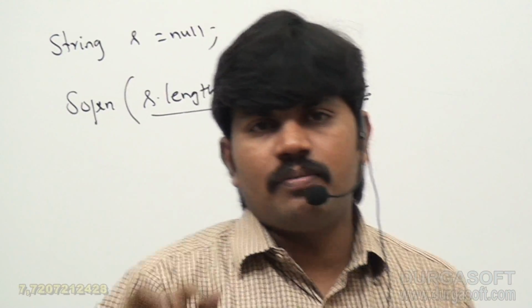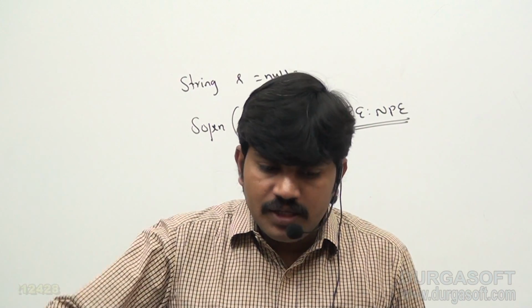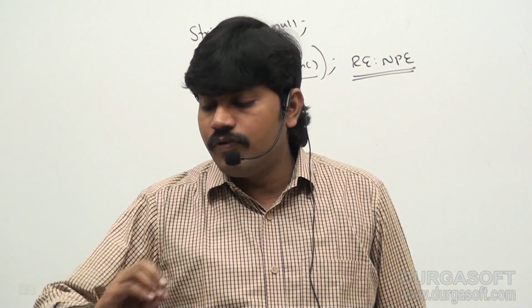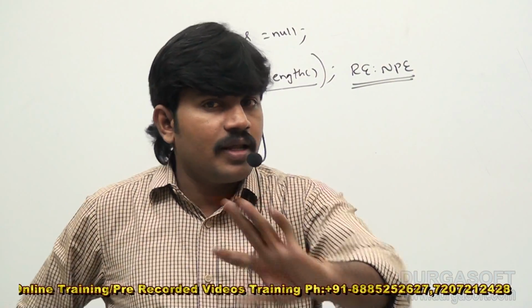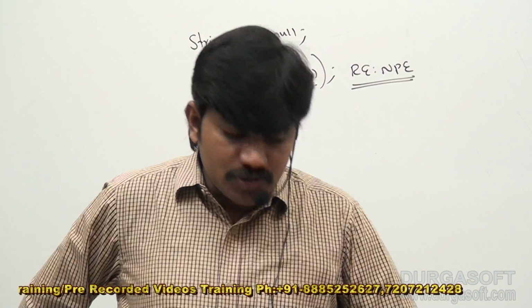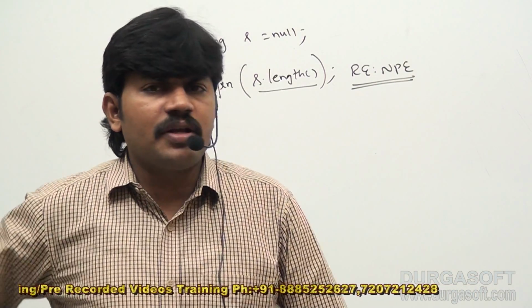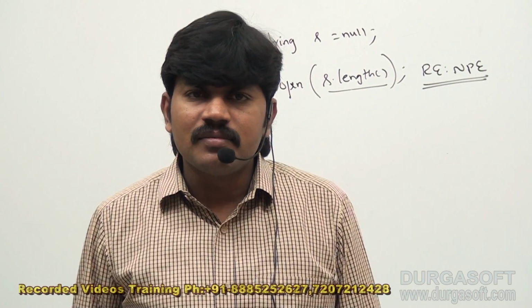So, point number 1: if we are trying to use a null for any object reference, if we are performing any operation on null, immediately we will get what? Null pointer exception. Then immediately there is a big discussion, maybe a chance to arise, sir. The point here is, in Java the pointer concept is there.